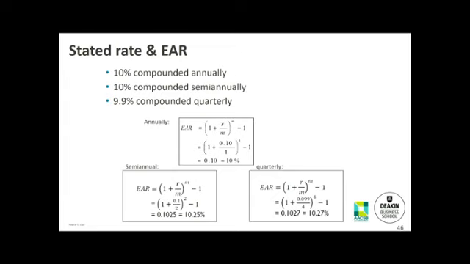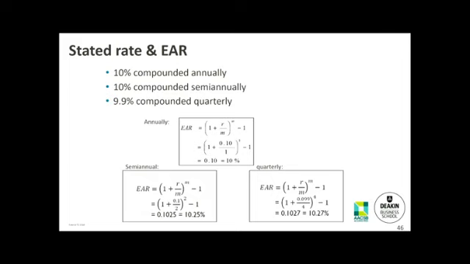Okay, let's probably discuss because it's only compound once a year. From this example, you can see it's always 10% as well, EAR. Am I right? Can you see that? Okay, let's say 10% compound semi-annually. When we do 10% compound semi-annually, now it will be different.